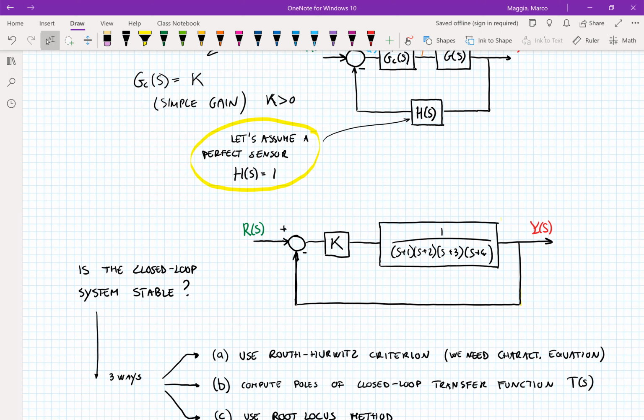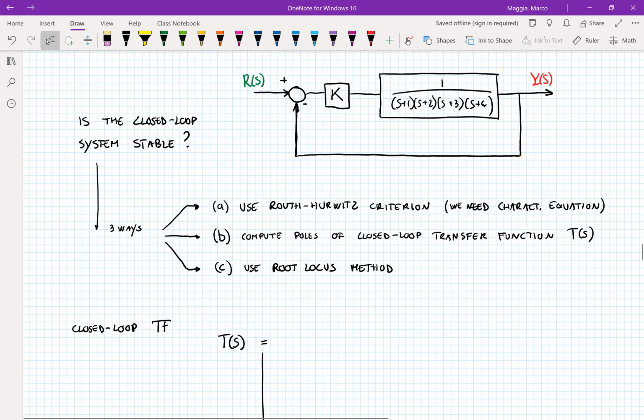How do they travel in the S-plane? Can they go to the right-hand side of the plane for some values of k? It might be. If that is the case, that's a problem. We don't want the system to become unstable. So we need to design the value of k so that the system is not unstable.